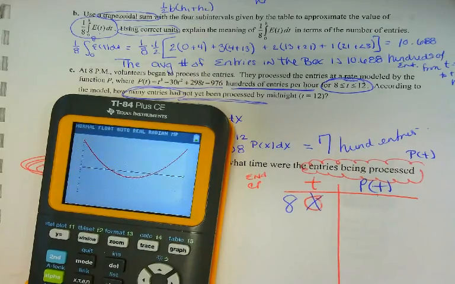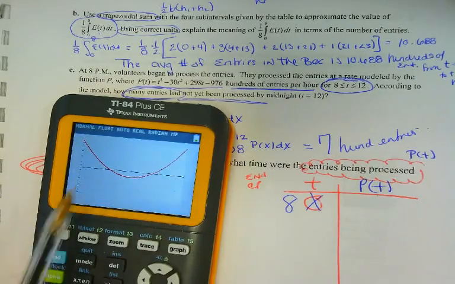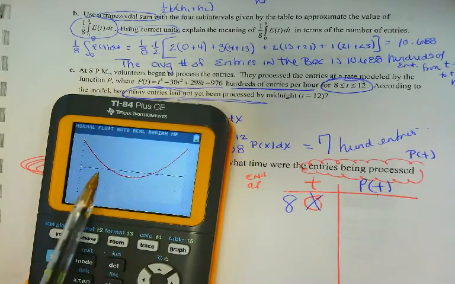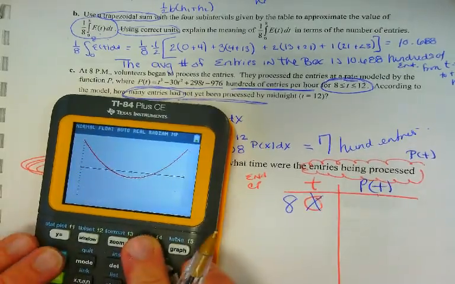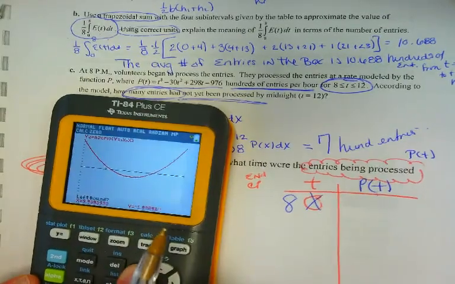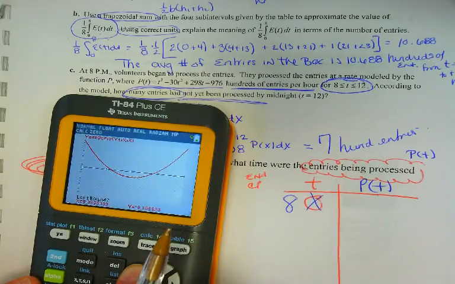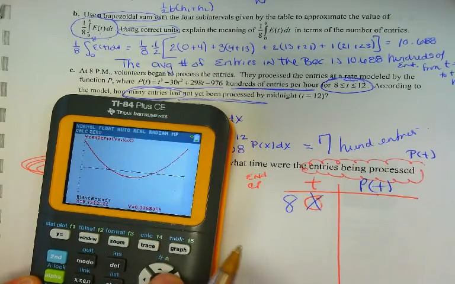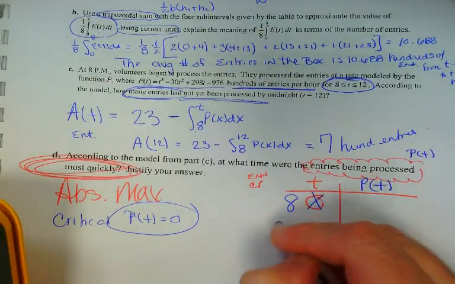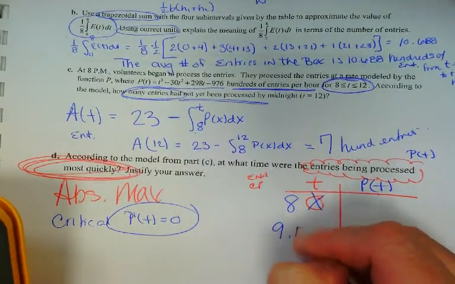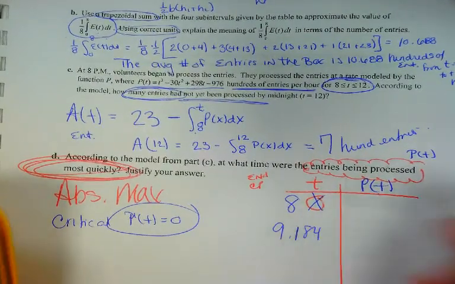So again, the critical points are when this derivative equals 0. Happens here and here. We need to go get those values. So use your second trace 0 to go get those values. And again, 3 decimal places. I'm getting a 9.184 for one of them.